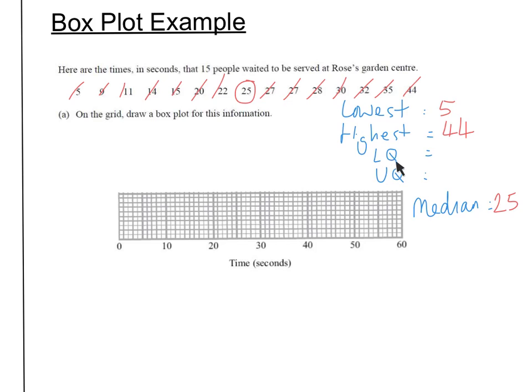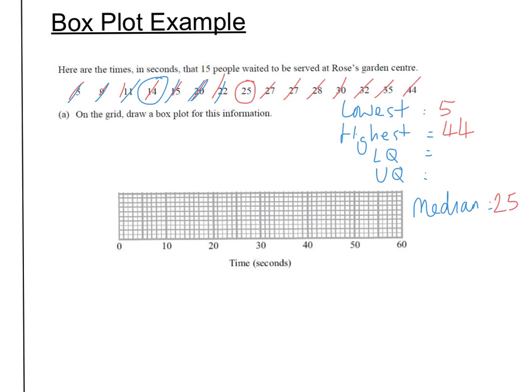Now, the lower quartiles, if the median is the middle, the lower quartile sounds like the lower quarter, and it kind of is. So if I've got 1, 2, 3, 4, 5, 6, 7 numbers in my data to the left of my median, then it's the middle one of those numbers. So I could do the same again. You could cross them out until I get to the middle.